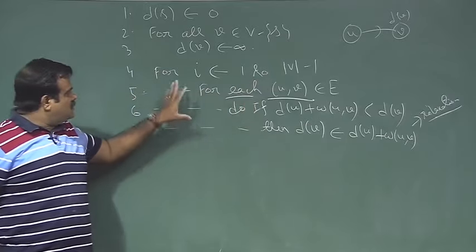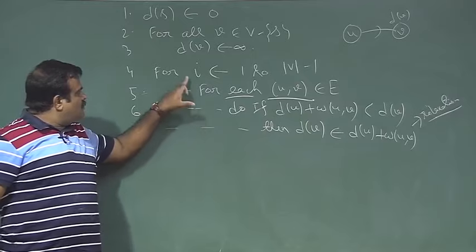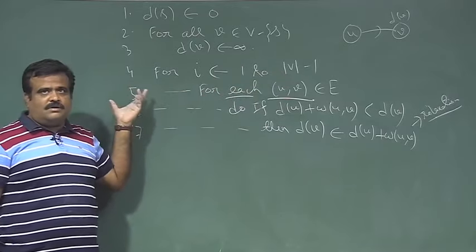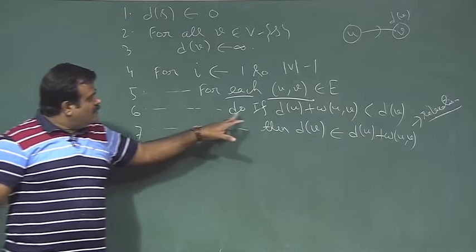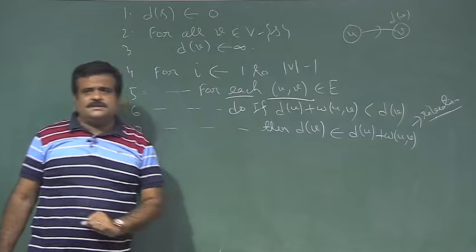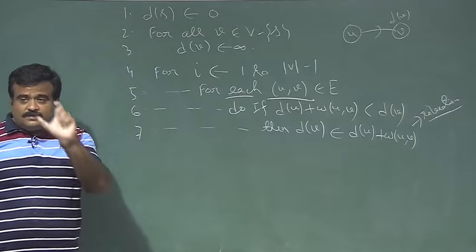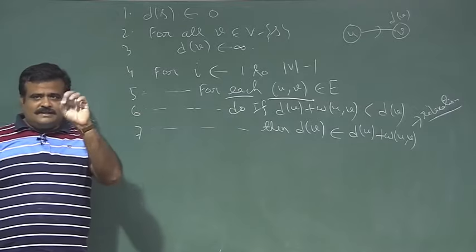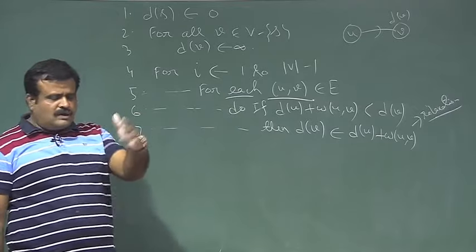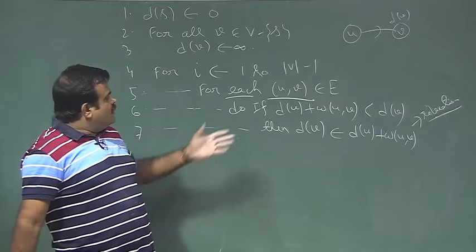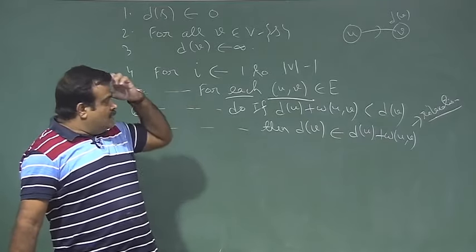So the outer loop runs n minus 1 times, order of n, and the inner loop runs for each of the edges. Somehow we need to maintain the edge numbering, and we will come to an example of how Bellman-Ford is executed. So now this is the step.